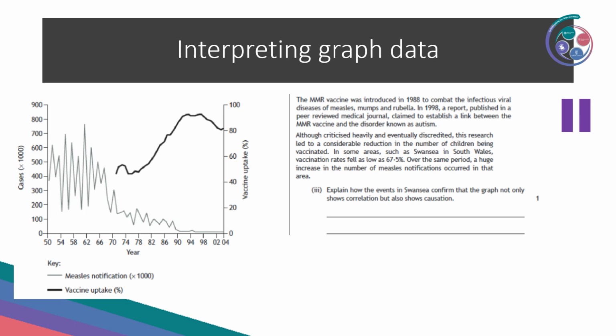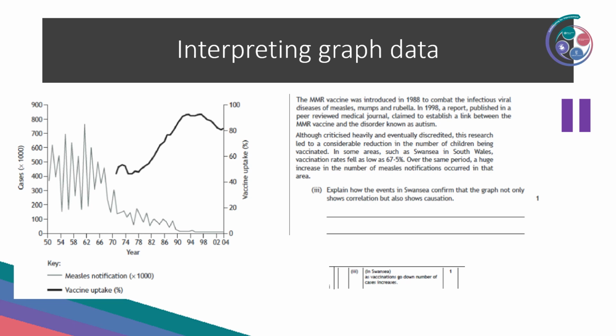In some areas, such as Swansea in South Wales, vaccination rates fell as low as 67.5%. Over the same period, a huge increase in the number of measles notifications occurred in that area. Explain how the events in Swansea confirm that the graph not only shows correlation, but also shows causation.